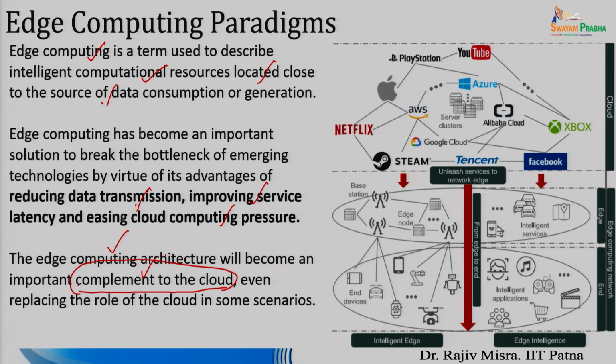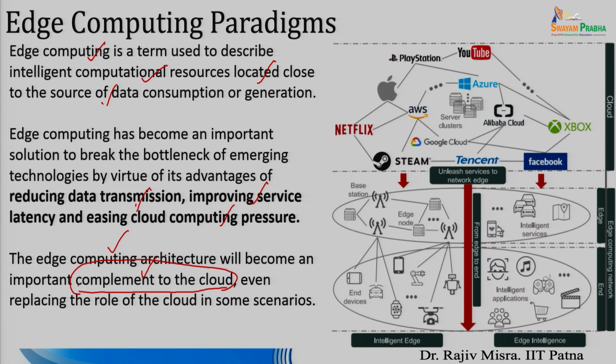Edge computing mimics the services of cloud at the local level, whereas the cloud has the same kind of services, but is located far away in a much bigger form.